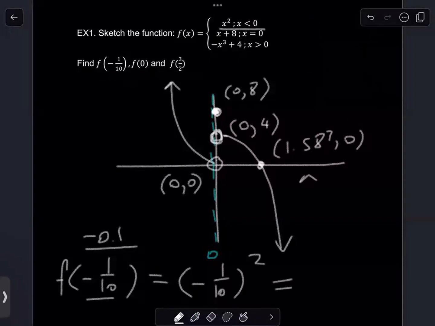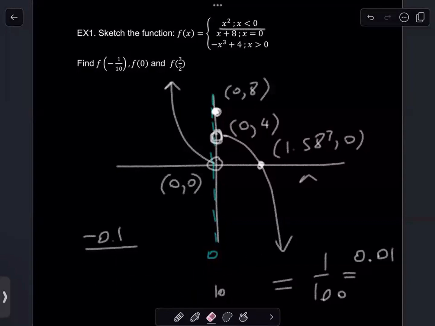So if you take -1/10 and square it, you're going to get 1/100, because 1 squared is 1, 10 squared is 100, and a negative squared obviously becomes a positive. That negative sign is going to disappear. So this is going to be 1/100, or if you're more comfortable with decimals, 0.01. And that's how you handle the first one.